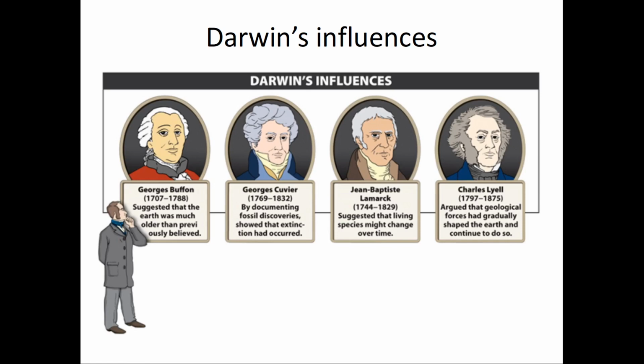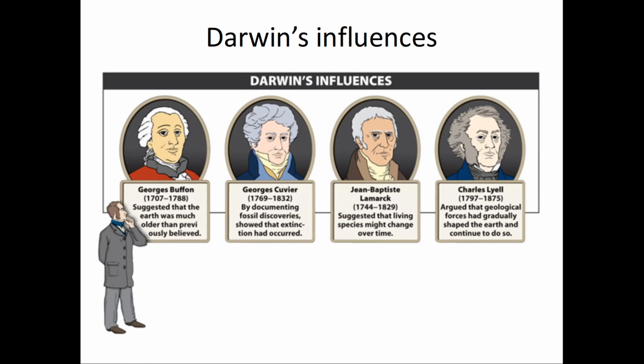All right, so looking at the time that Darwin was developing his views on the world, largely what we see is a focus on the age of the Earth and age of the universe becoming larger than what was previously believed. George Buffon suggested that the Earth was much older than previously believed based off of geologic evidence.